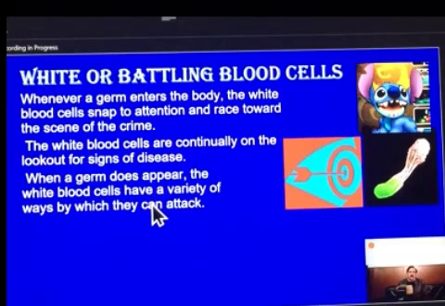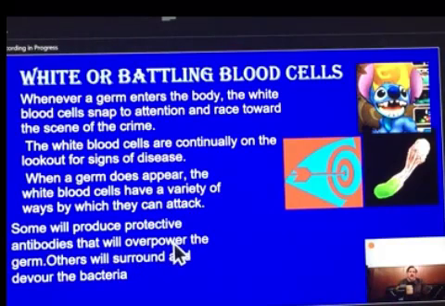When a germ does appear, the white blood cells have a variety of ways by which they can attack. The WBC have different cells and their mode of action or way of action are also different. Each cell acts differently and they attack the invaders and defend the body.